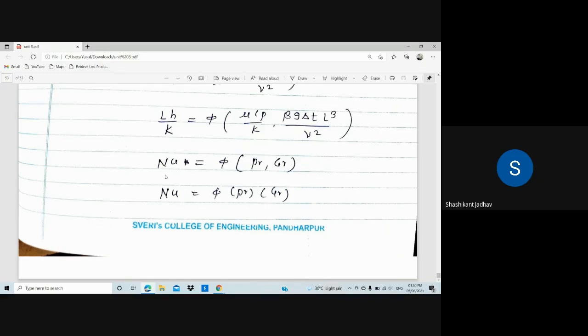So this is the dimensional analysis for natural convection by using the Buckingham pi method.